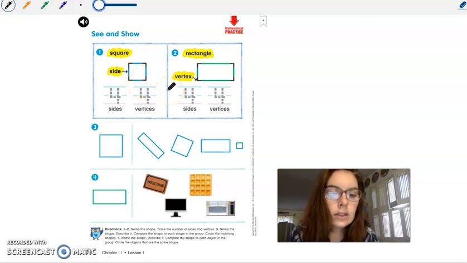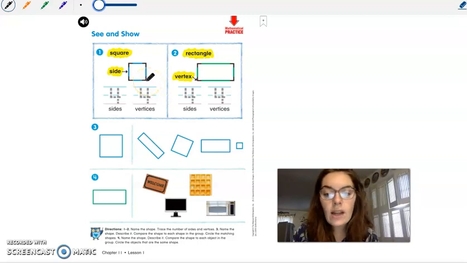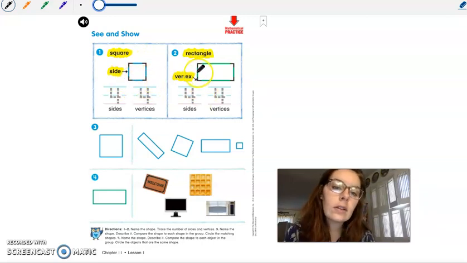I also want to talk to you a little bit about something called a vertex or vertices. A vertex is the point of a shape. Do we see how there are 1, 2, 3, 4 points in the square? We can look at sides, 1, 2, 3, 4 sides, and then the vertex, 1, 2, 3, 4.